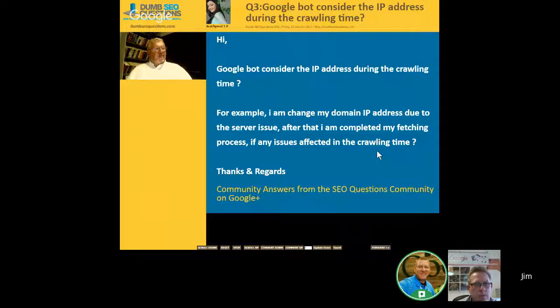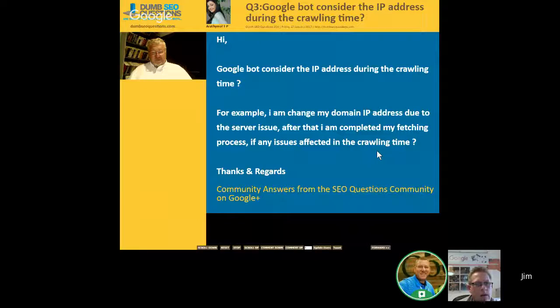So if you are changing your domain IP address due to a server issue, it might be that the DNS at the data center that Googlebot is crawling from may well have a cached record which hasn't yet expired, which means that Googlebot may well go to the other, but it'll all balance out.